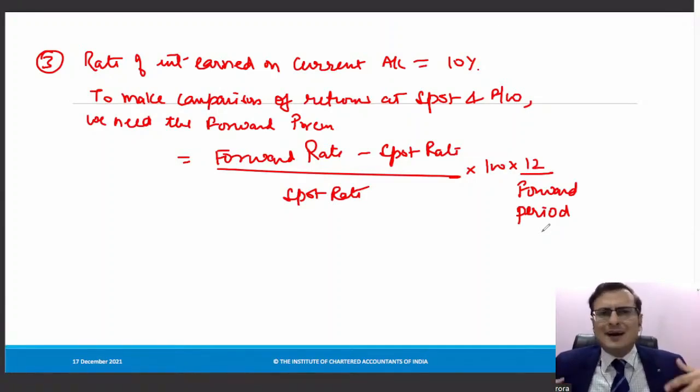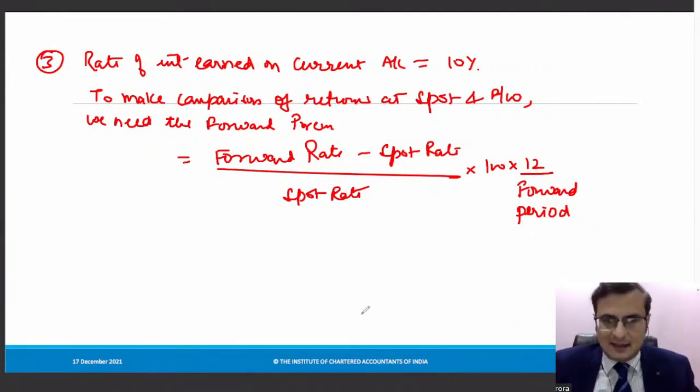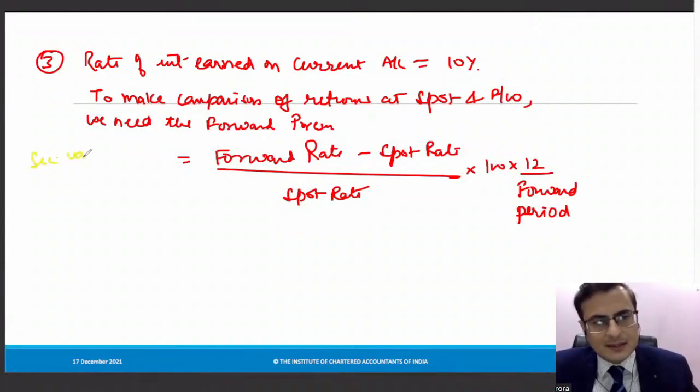How do you calculate a return on the share? You have done security valuation. Holding period return: P1 minus P0 divided by P0 into 100. Same thing I've applied here. In your security valuation chapter, you must have applied P1 minus P0 divided by P0 into 100.